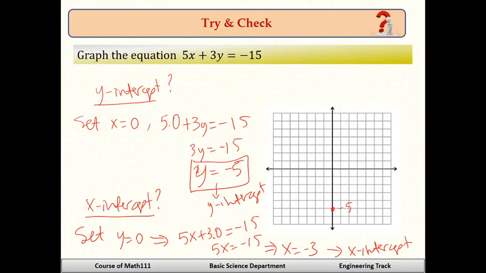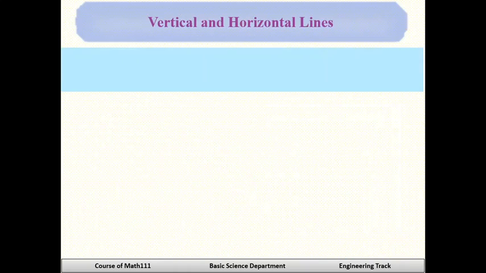Now we can find negative 3 on the x-axis, and then we draw the line. This is the line, the graph of the equation 5x plus 3y equal to minus 15.